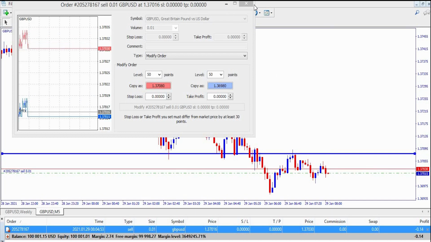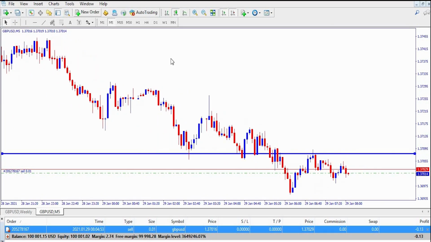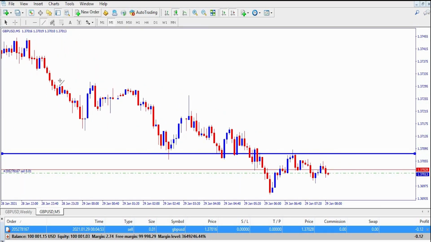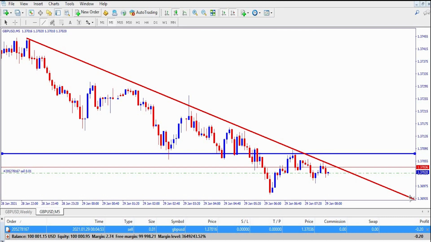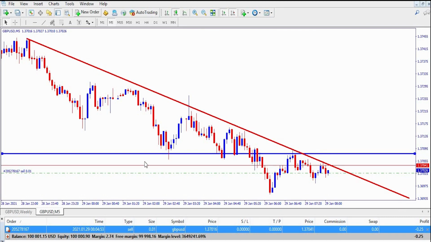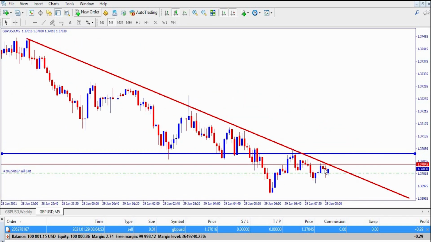First of all, you must know what is happening in the market before you place an order. Look at this. So looking at this, guys, you can see clearly that we're in a clear downtrend.